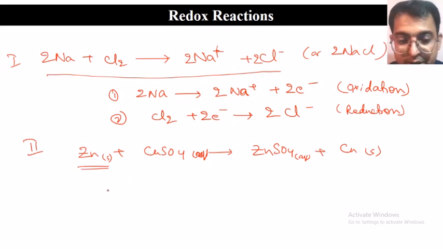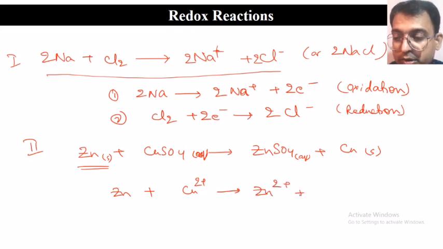Zinc plus Cu2 plus gives Zn2 plus plus copper. Basically we are removing the sulfate charge, SO4 2 minus, and showing Cu2 plus. So we are not showing the anion part.